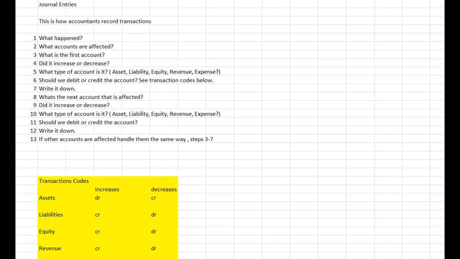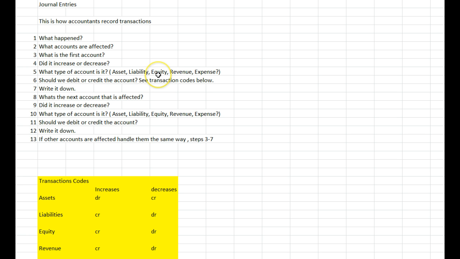That's pretty good. What happened next? Well, if we take a look at problem 2.1a, in exchange for common stock. So common stock is our next account. What type of account is it?